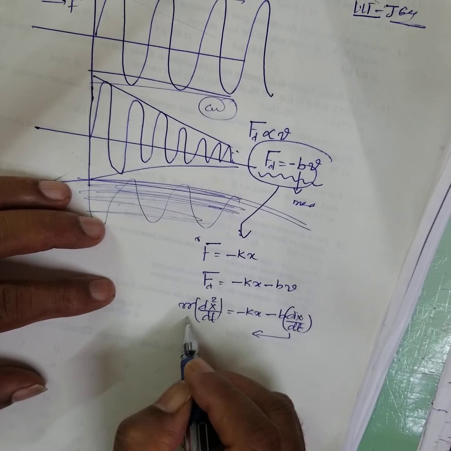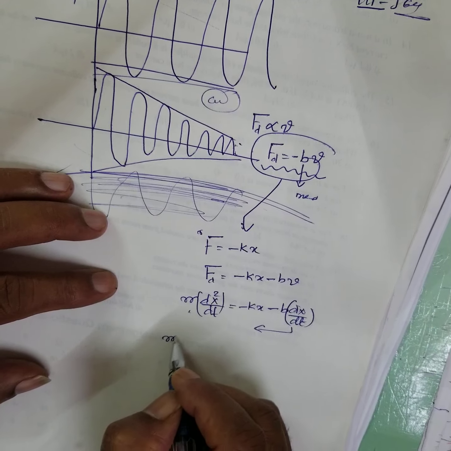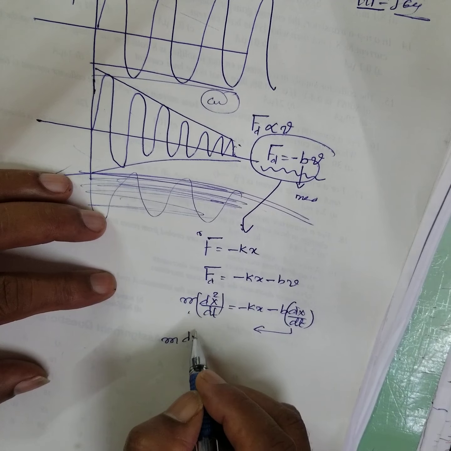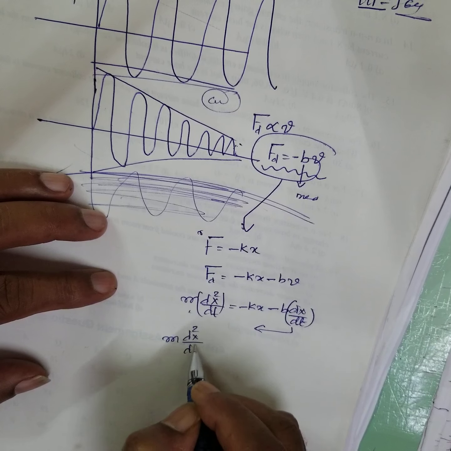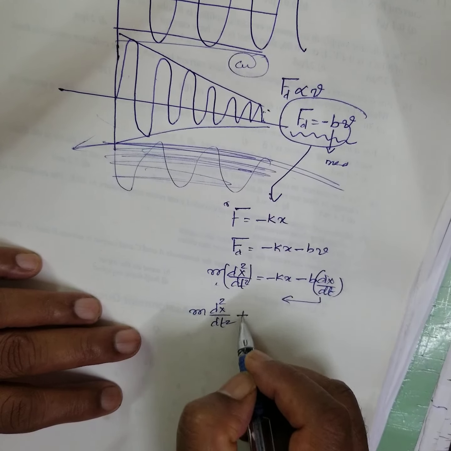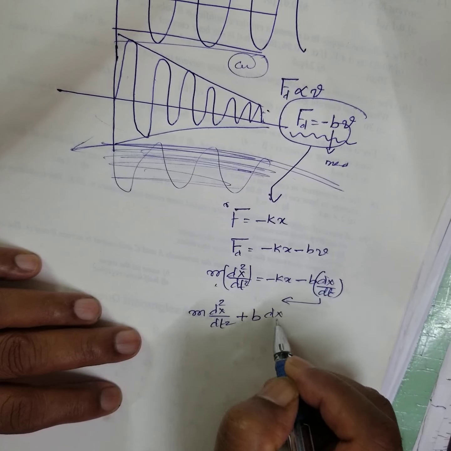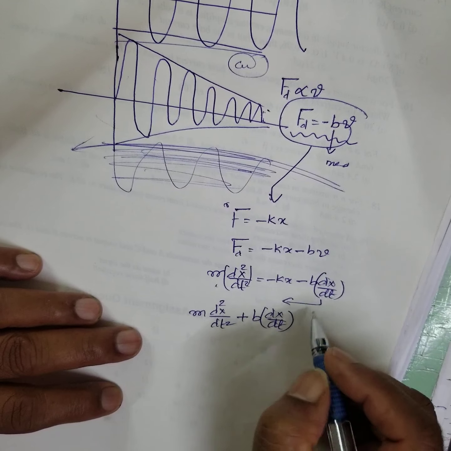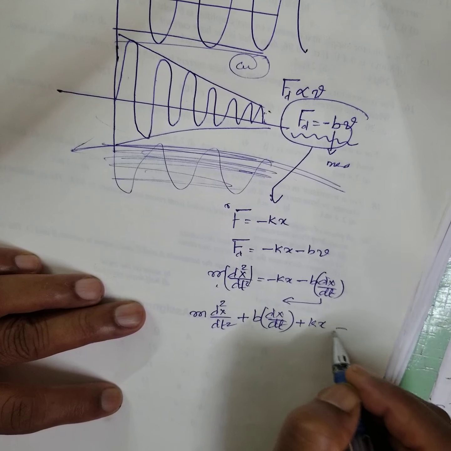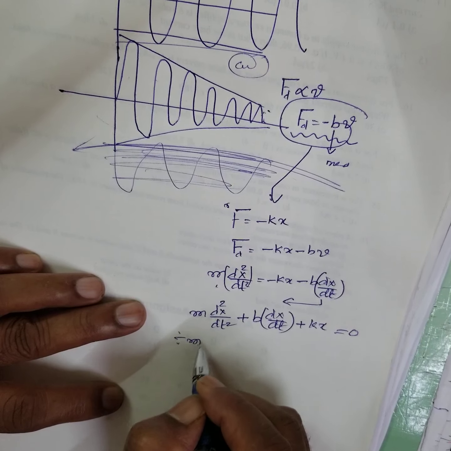Then what you do, you bring this side, that is m d square x by dt square plus b dx by dt plus kx is equal to 0. Divide throughout by m.